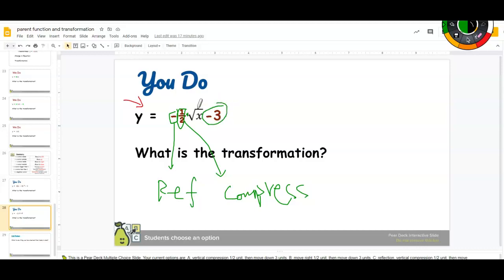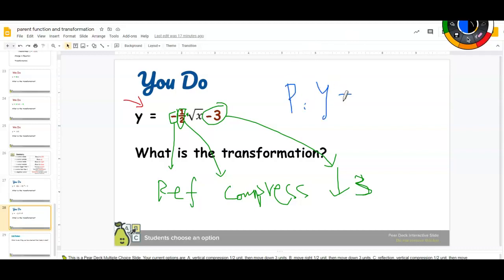Minus a number outside of the house, outside of x, means going down 3 units because you multiply 3. Okay, so let's see if this is right. Reflection, compression, go down 3. So let's draw the parent equation and the baby equation. But before that, what is the parent equation?